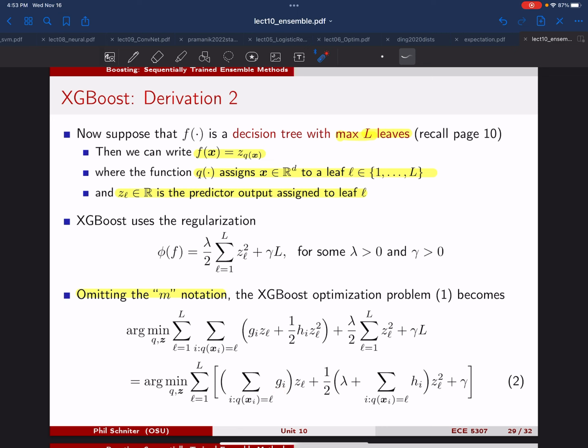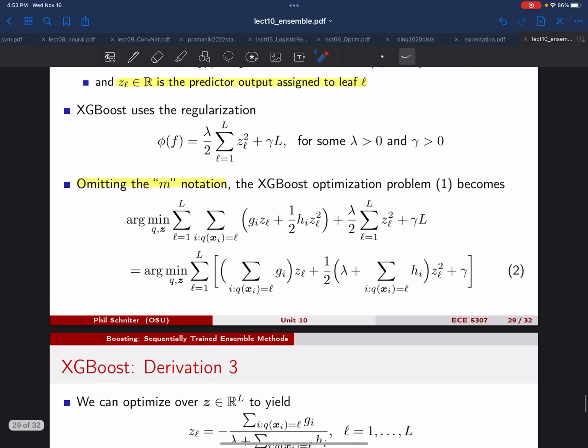The quadratic term is the lambda from here, or 1/2 times that lambda plus the sum over the HIs. And then our constant term is over here. The L got absorbed into this sum. Okay, so we have two things to design: the scores Z, or the output Z, as well as the tree itself.